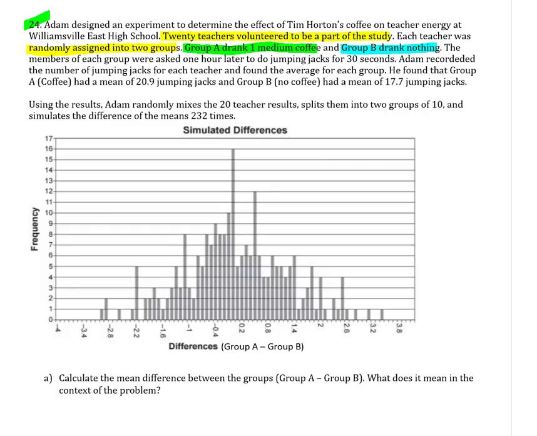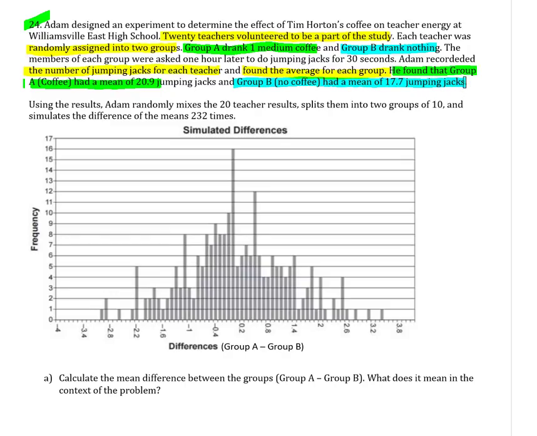The members of each group were asked 1 hour later to do jumping jacks for 30 seconds. Adam recorded the number of jumping jacks for each teacher and found the average for each group. He found that the jumping jacks for group A, which was the coffee, was 20.9 jumping jacks. And for group B, which was no coffee, was 17.7 jumping jacks.